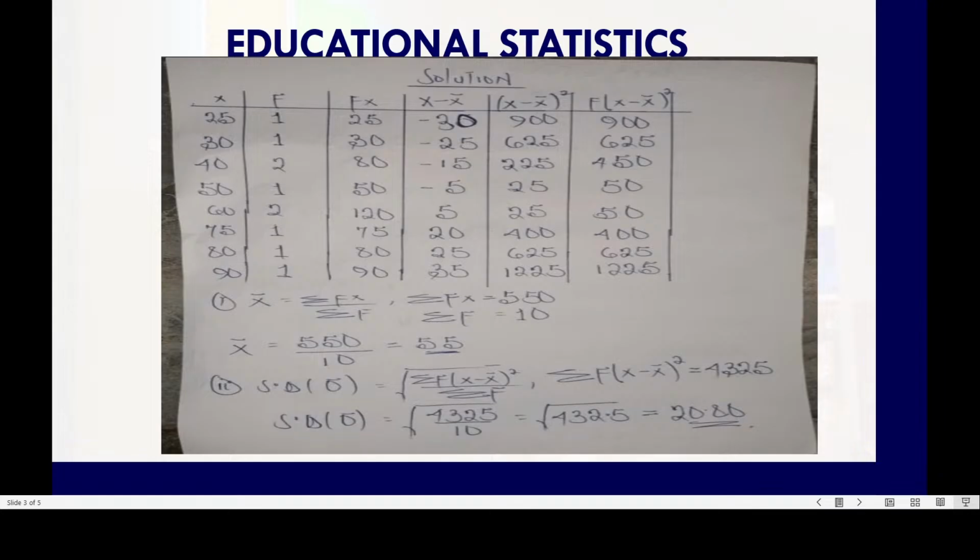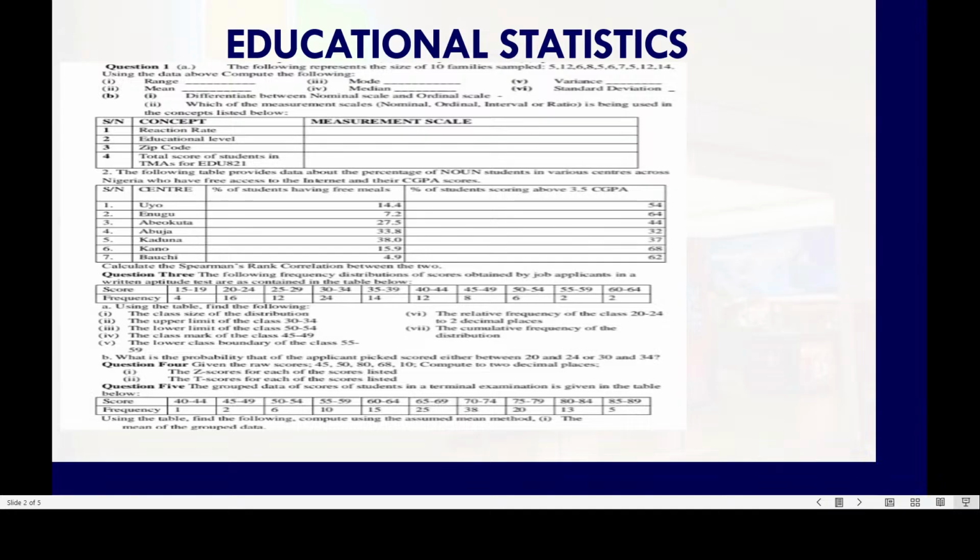So who are the first 5 there? 40, 50, 80, 60, and 30. So that's what you are asked to transform into T scores. So the values they requested are the values we use. You don't personally pick anyone by yourself. It's what they ask of you. That's what you use. All right, sir. Okay.